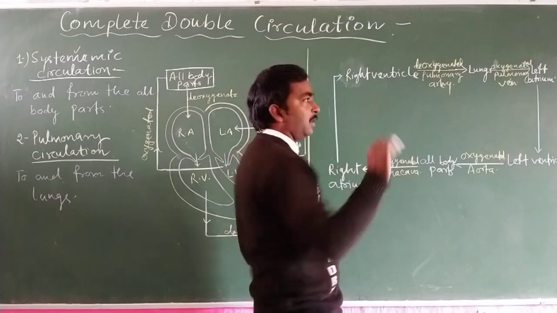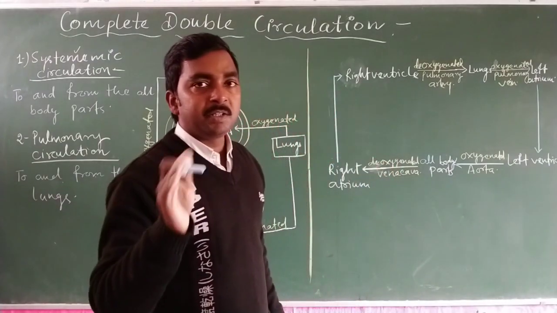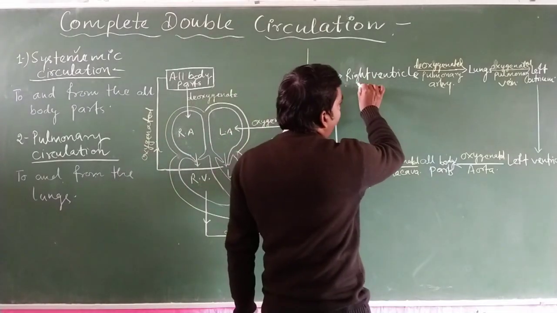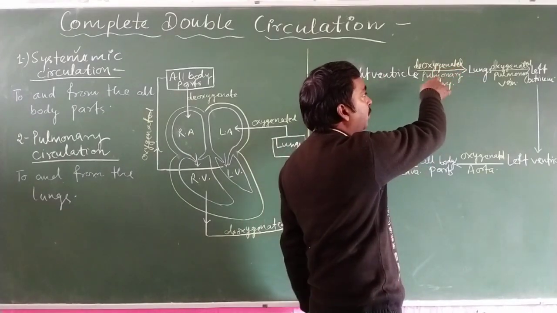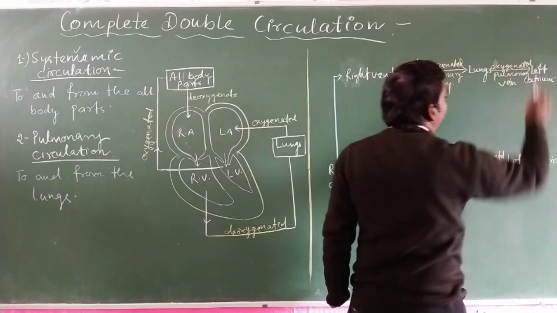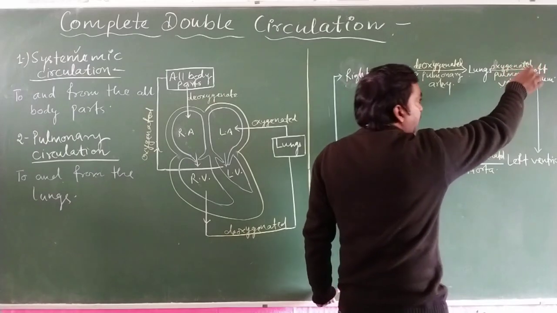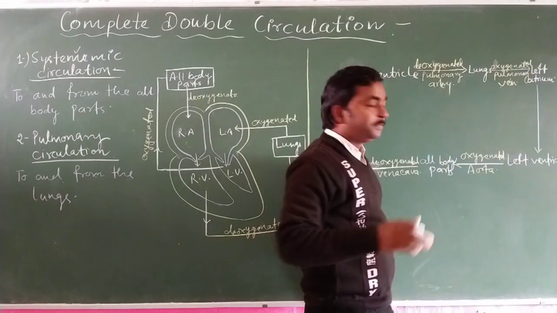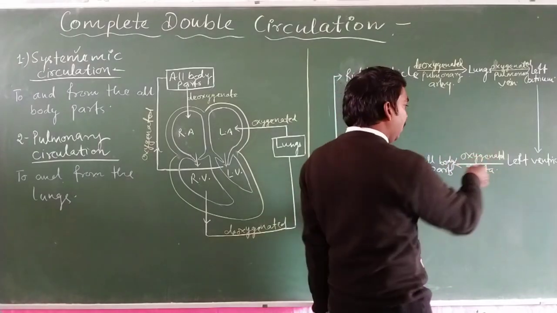In a complete cyclic circulation of blood, the blood goes from the right ventricle to the lungs through the pulmonary artery, which carries deoxygenated blood. From the lungs it goes to the left atrium through the pulmonary vein, which carries oxygenated blood, and from the left atrium to the left ventricle through the opening of the bicuspid valve.